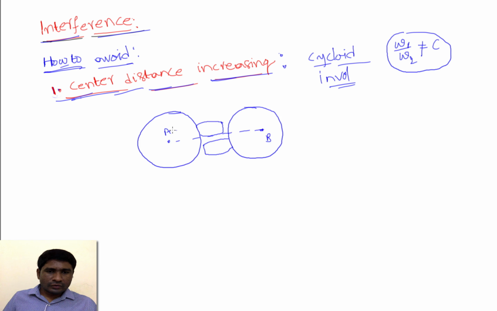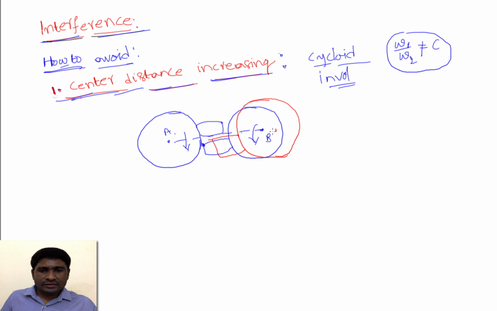These are the two gears in engagement. Originally this is the center distance, and this tip is nearly coming closer to the base circle of gear A. But if I increase the center distance, what happens? The same B will become like this. Now the red one is the new position of gear B. So we moved B to B dash, so that the center distance is increased.